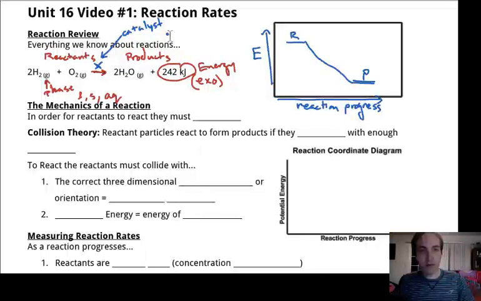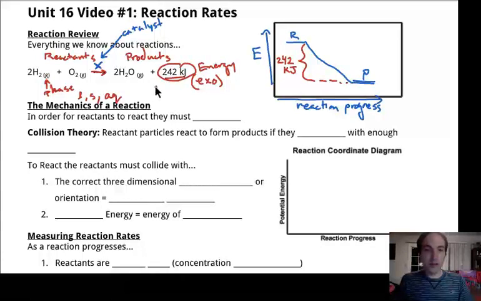So this right here, this 242 kilojoules, represents the difference in energy between the products and the reactants. So this would be like your 242 kilojoules that are given off here. Okay, so this is just an energy diagram showing how the energy changes throughout the reaction.